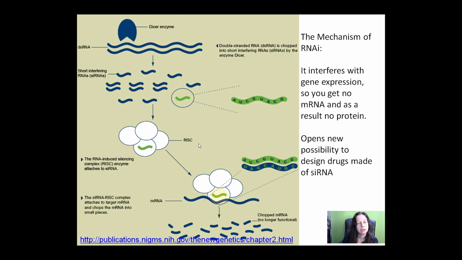There is something called an RNA-induced silencing complex, called the RISC, in the cell. It's an enzyme that attaches to siRNA, and the siRNA-RISC complex ultimately attaches to target mRNA. So here's our target mutant mRNA, and it chops the mRNA into small pieces.